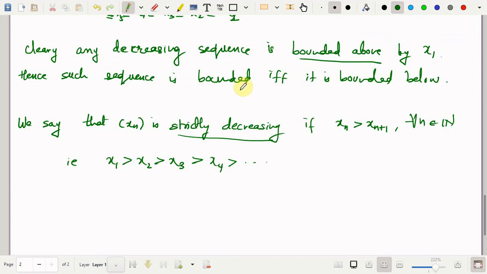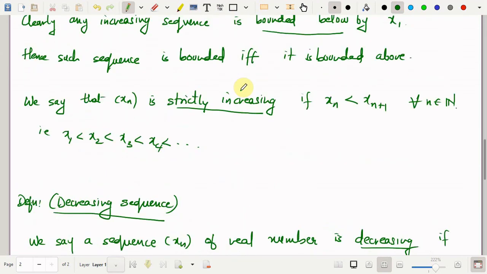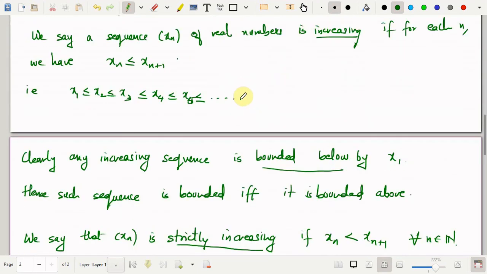Similarly, in the above terms where we have defined strictly increasing as a particular case of the definition, if it is strictly increasing, then definitely it has to be increasing, but increasing does not imply that the sequence has to be strictly increasing. An example is again a constant sequence.